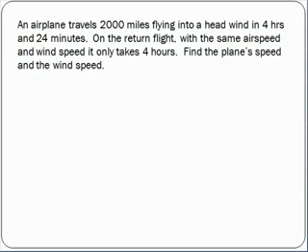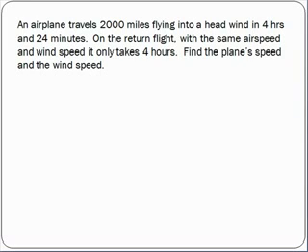Okay, let's take a look at a story problem. So an airplane travels 2,000 miles, so that's the distance, and it's flying into a headwind, and in that trip, it's going to take 4 hours and 24 minutes. On the return flight then, with the same airspeed and wind speed, so on the last trip they were heading into the wind, so the wind was working against them.